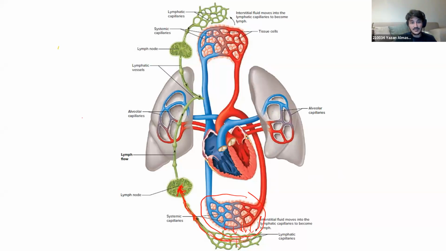After it tests it, it will go up where it can join and go back into the circulation. So that's basically the function of the lymphatic system. It's like a clearance and collection system. It collects the extra fluids, and then it clears it and puts it back in the circulation. Does that make sense?